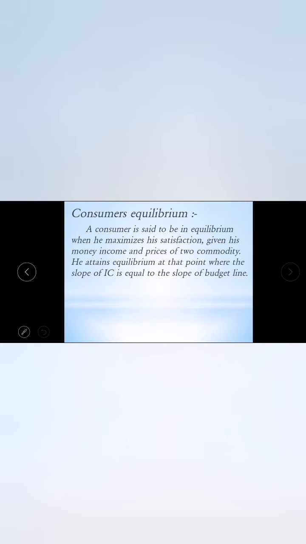Let's look at the consumer equilibrium. A consumer is in equilibrium when he derives maximum satisfaction from the goods and is in no position to rearrange his purchase. You are satisfied at the maximum level, and now you don't want to purchase anything else. That is called consumer equilibrium.